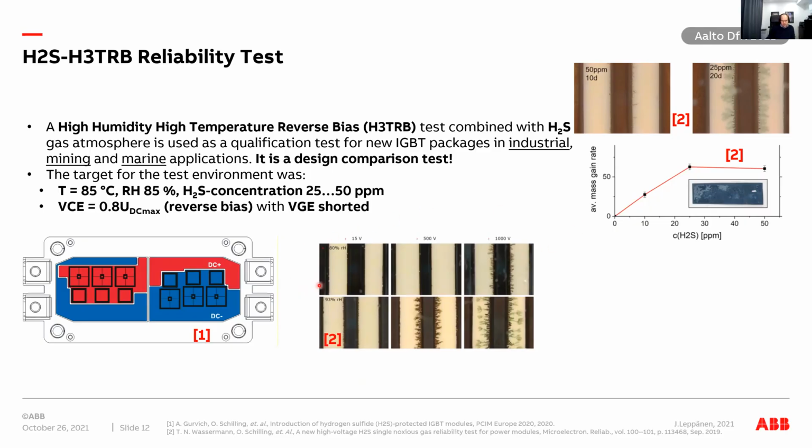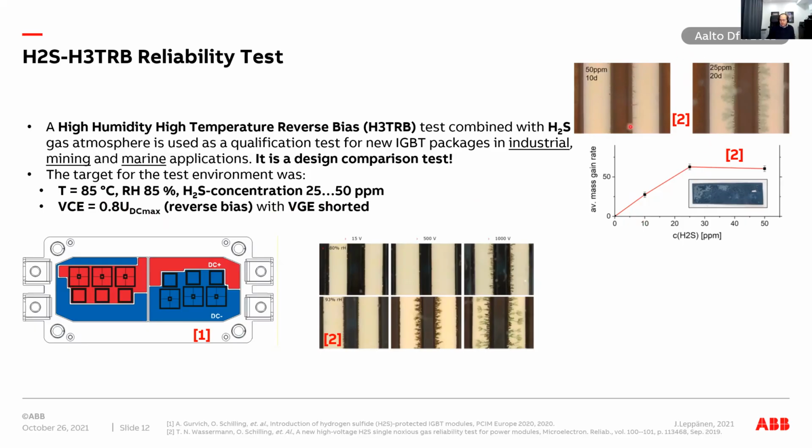And then you remember this picture that there is a high dependence on voltage and also on relative humidity. So definitely it is justified that it has to be a really high temperature and humidity level, and also voltage level.